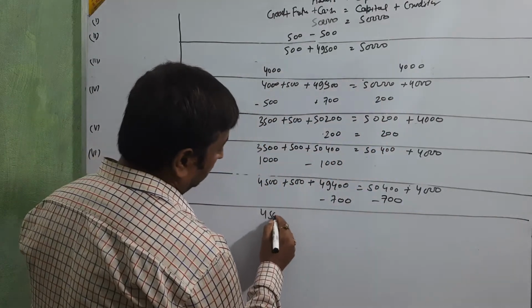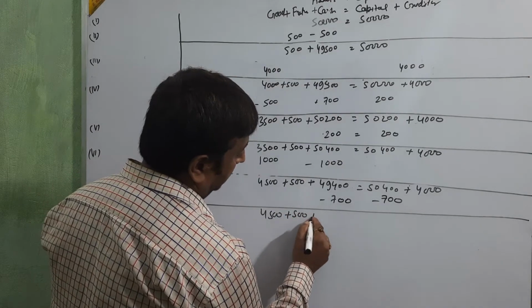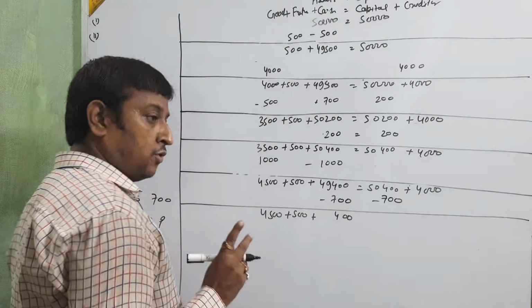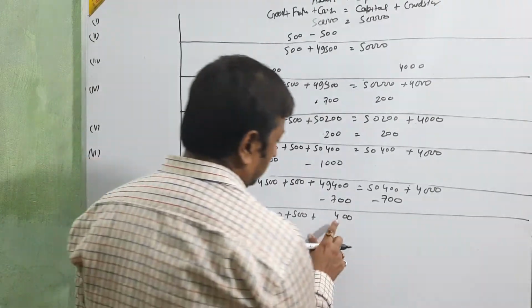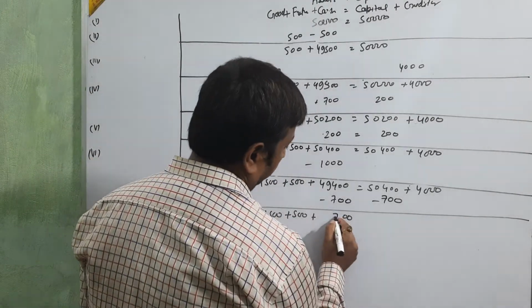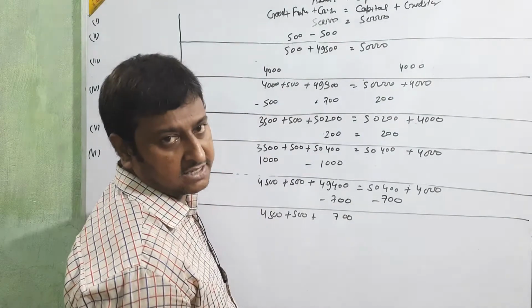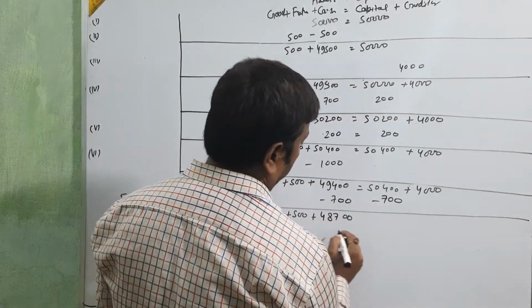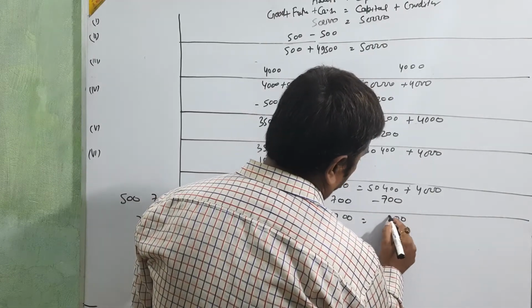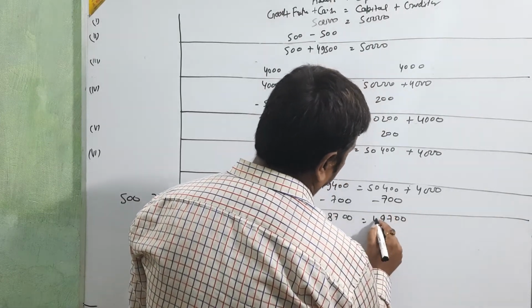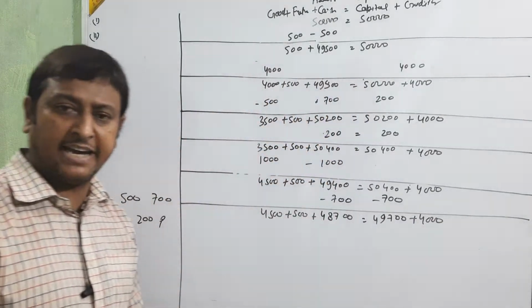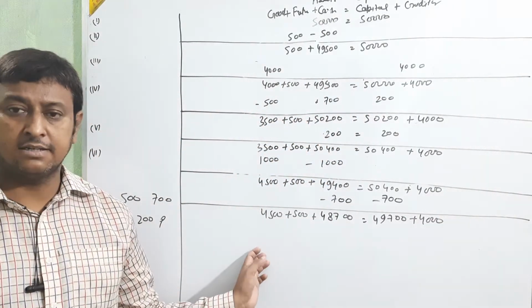So 4,500, 500, plus less here, 14 minus 7. What amount is coming? 7, na? 14 minus 7 is 7. Then 50,400 minus 700 is 49,700 plus 4,000. Okay.